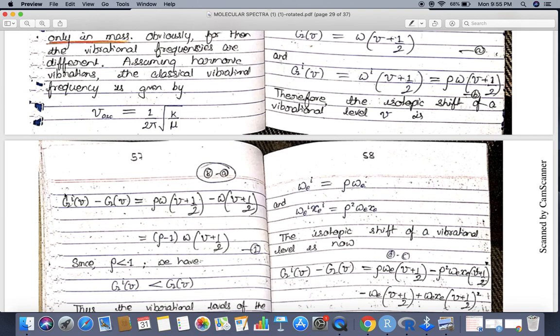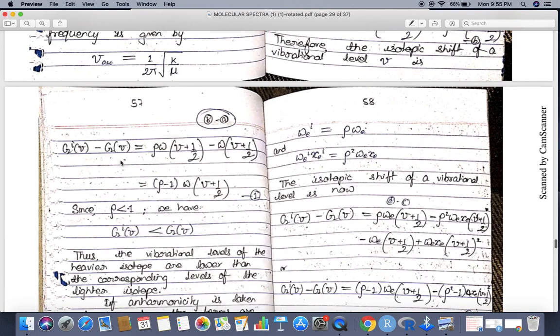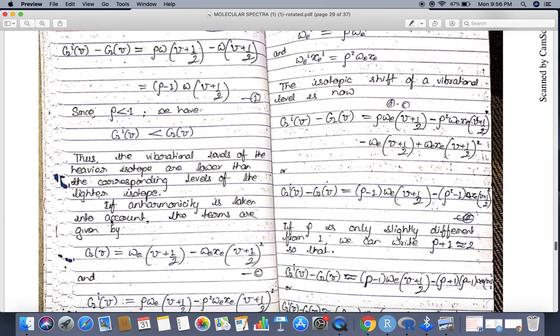It means that G^i(ν) will always be less than G(ν), because this quantity is negative, because ρ is less than 1. So the vibrational levels of the heavier isotope are lower than the corresponding levels of the lighter isotope.